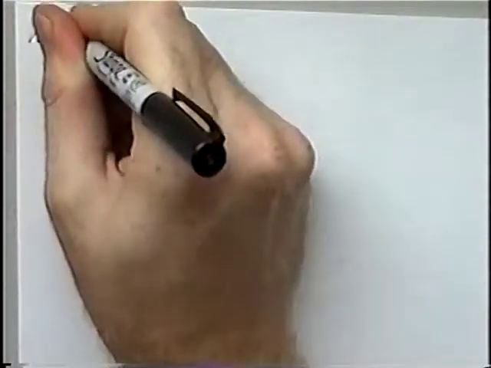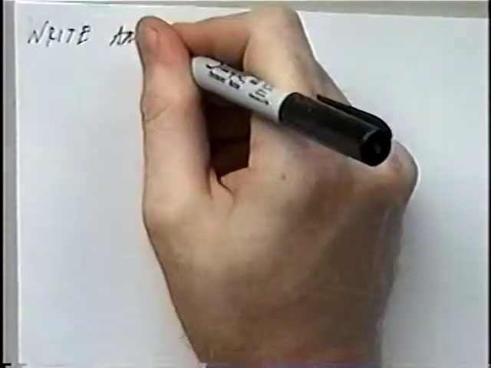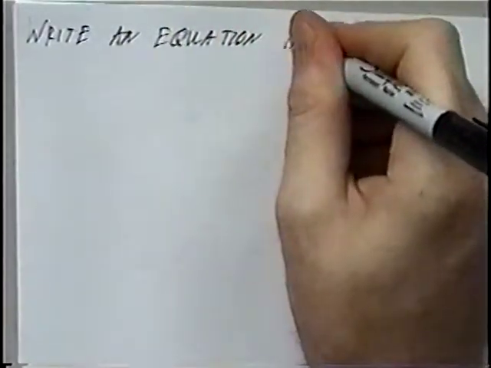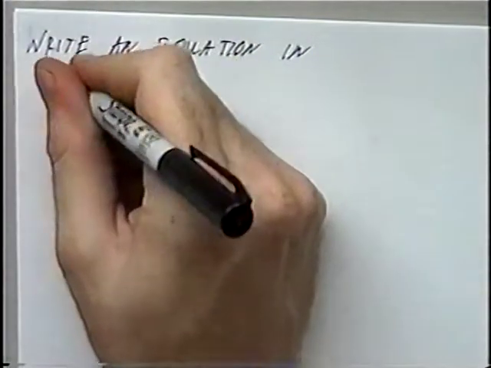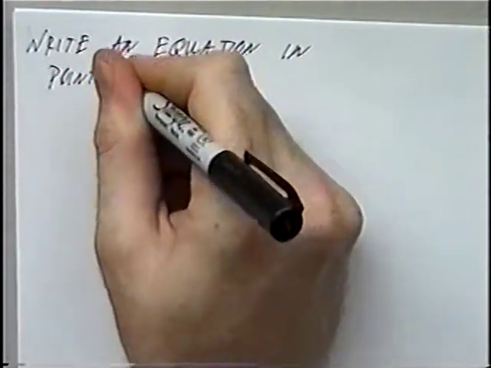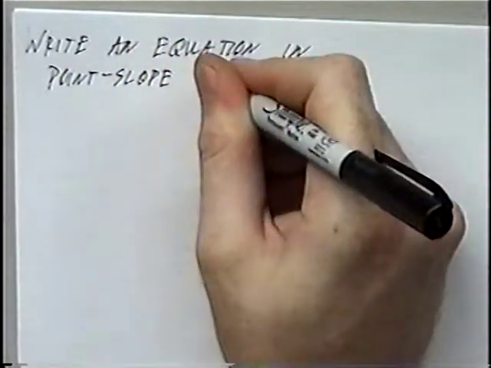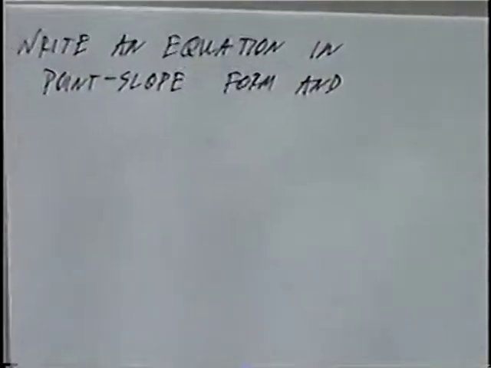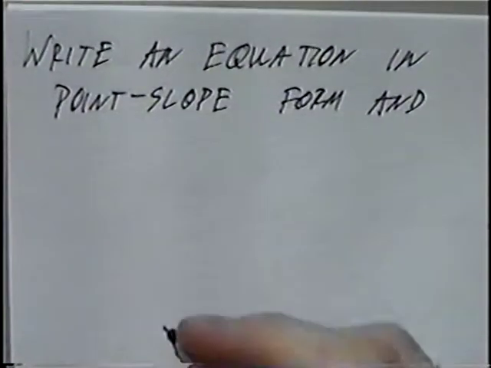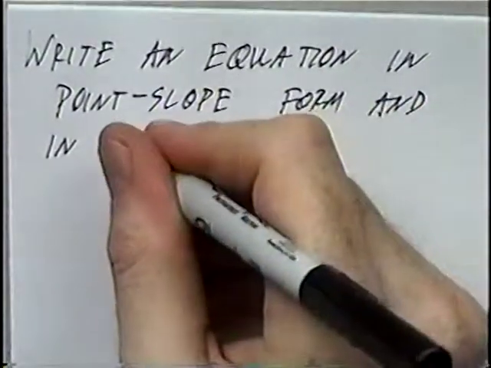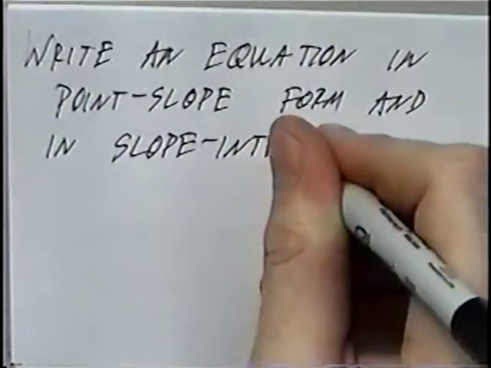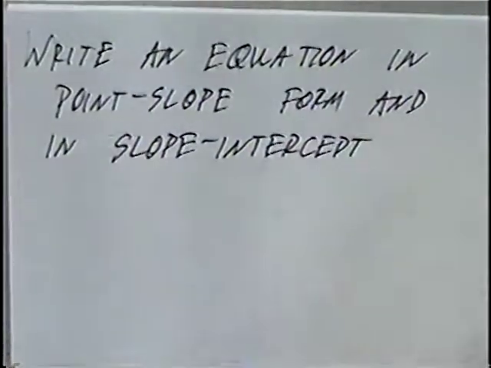Title of the last section today is write an equation in point-slope form and in slope-intercept form.